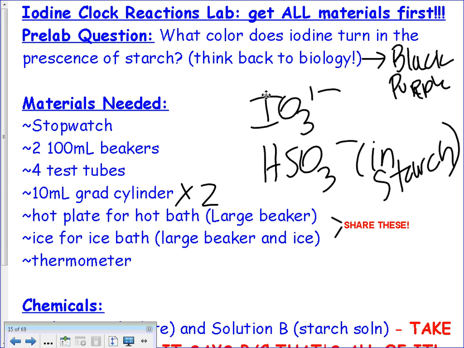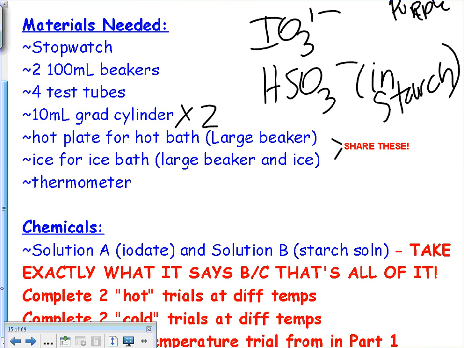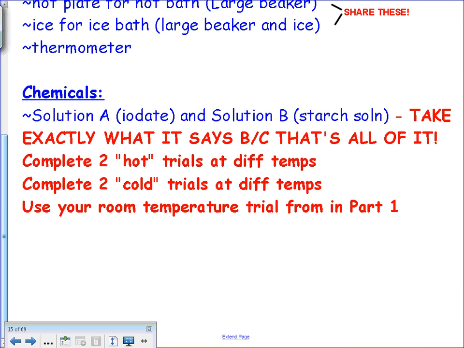When you get to a point, I'm going to say, okay, designate one person to be the hot plate person, and that means you're going to make a hot bath and heat up your reaction so that you can see what happens to the rate when the heat is increased, and then vice versa for ice. So you're going to share those with everybody at your lab station. Other than that, I didn't label the flasks that I put the chemicals in, but solution A is the iodate.